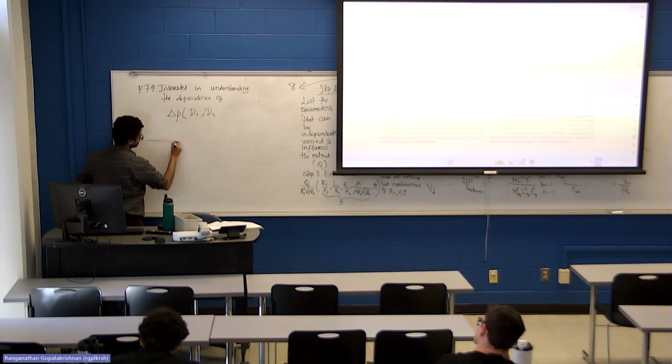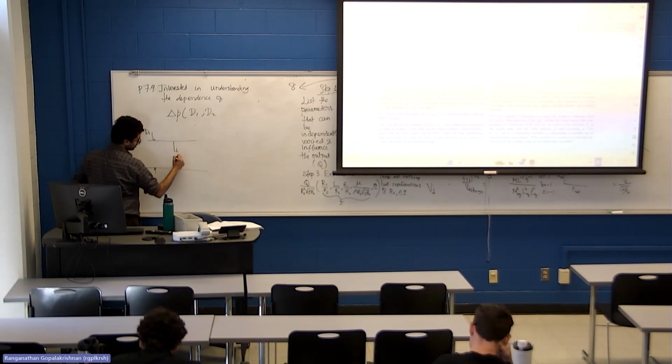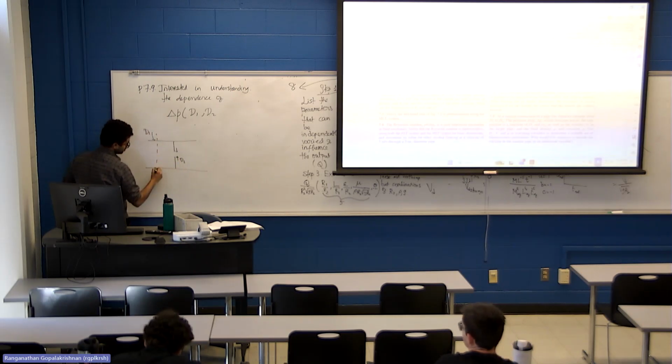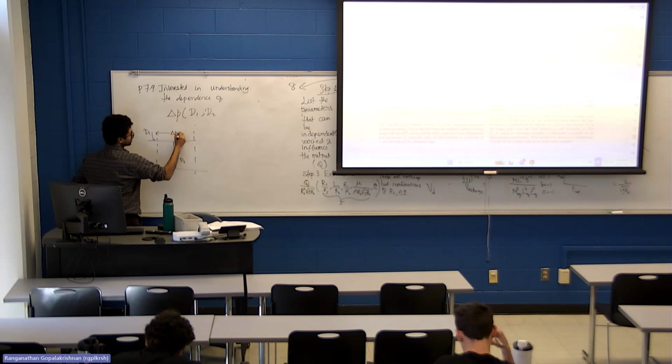That is, here's the problem. You have a pipe with diameter D1, and then there is an obstruction with diameter D2, and we want to know what's the pressure drop across the obstruction.